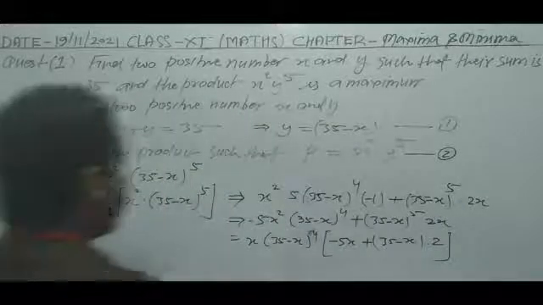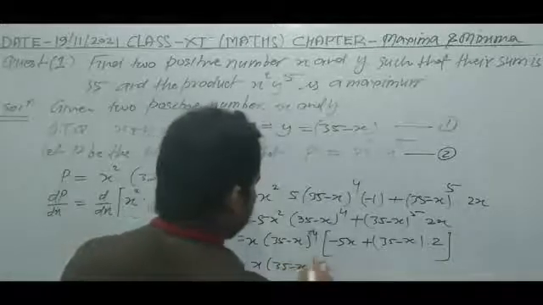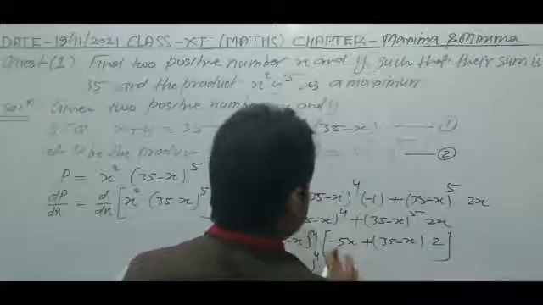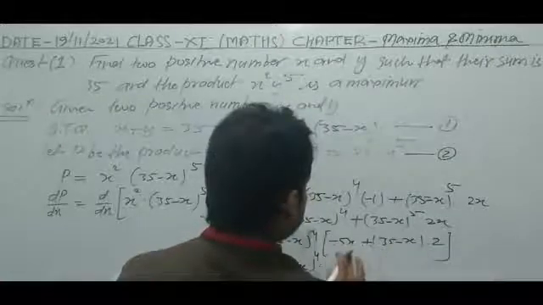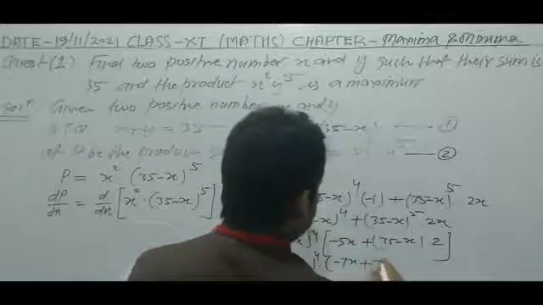This calculation gives x times (35 minus x) power 4 into (minus 5x minus 2x, minus 7x plus 70). So minus 7x plus 70.